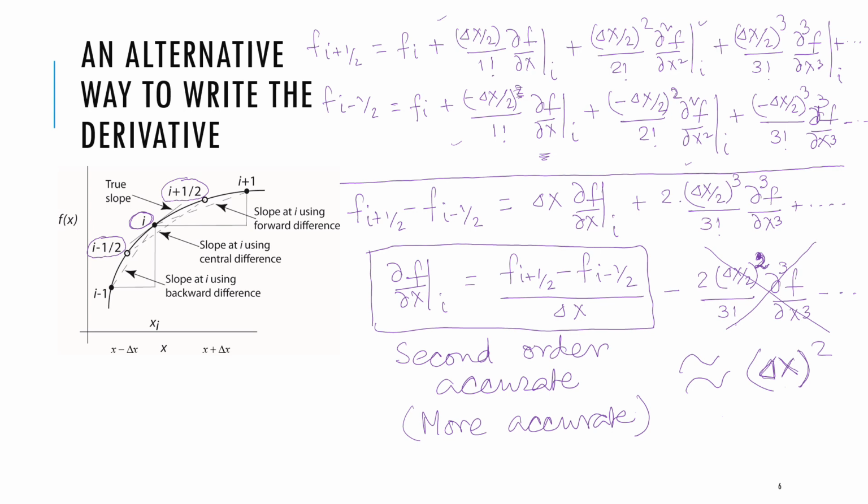This formula for getting the derivative is more accurate than the other one, and notice this one goes half a step ahead and then half a step behind, so it's called central differencing. And so central differencing is second order accurate, and it is generally a better approximation that we want to use.